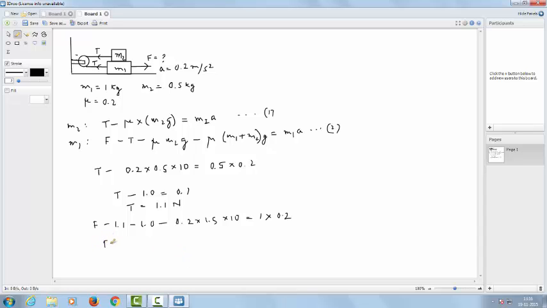So this gives us the value of F, which is 1.1 plus 1.0 plus 3.0 plus 0.2. This gives us 5.3 Newton.